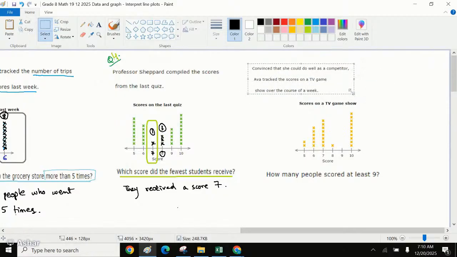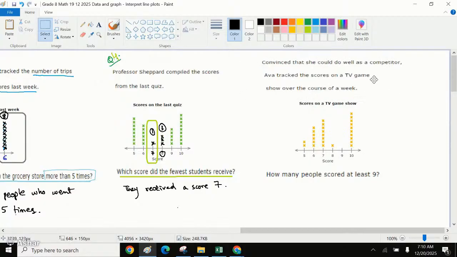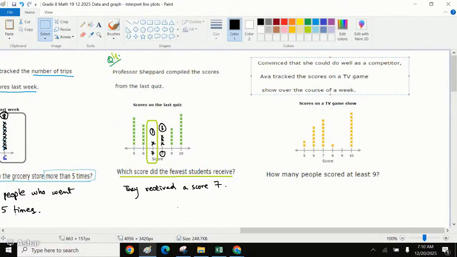Let's enlarge this and then let's read what is being asked of us. Question number 5 says, Ava tracked the scores on a TV game show over the course of a week.